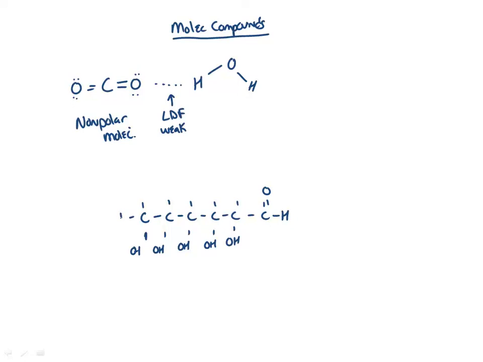Now, since we're not drawing the real structure and I'm not worrying about too many details, this is sugar. What do we know about sugar? It dissolves a lot in water pretty easily, right? So here's a molecular compound that dissolves easily.